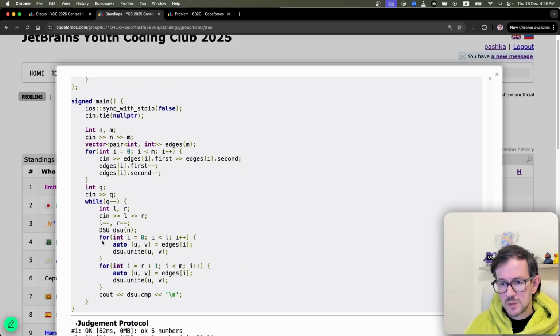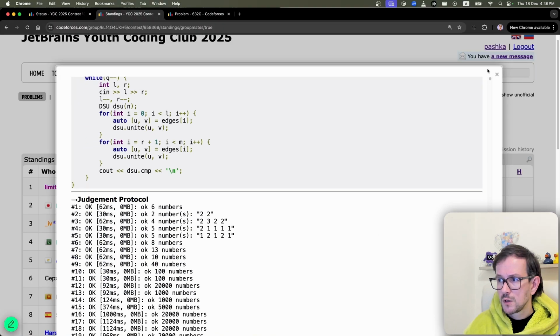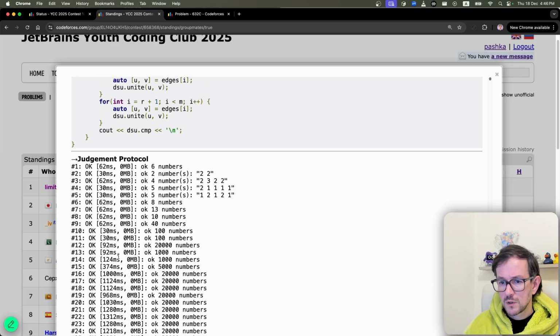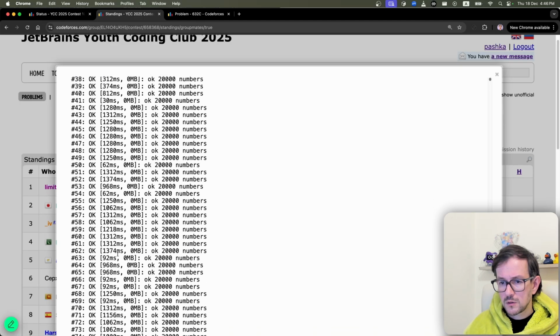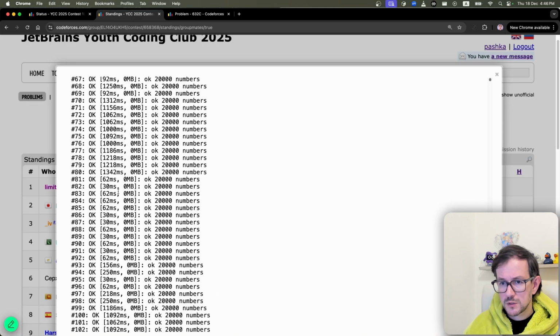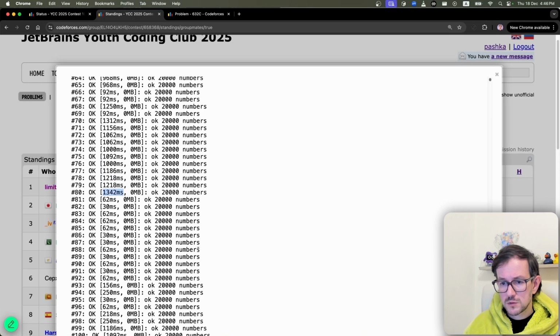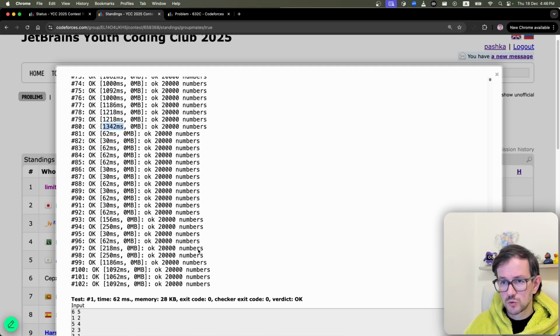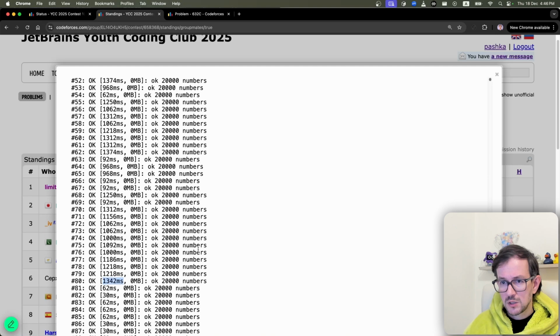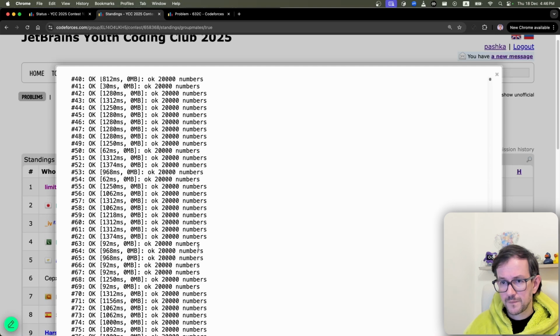It's basically almost the same solution. You take these elements, just take this element, and it fits. So what is the maximal time here? I see. Okay, so it's close to the time limit, but still fast enough.